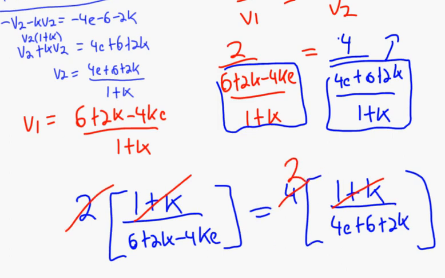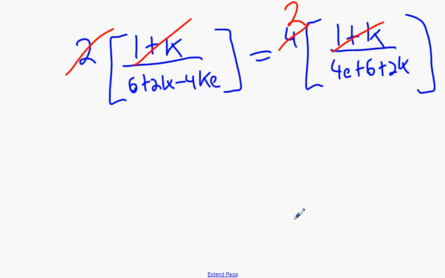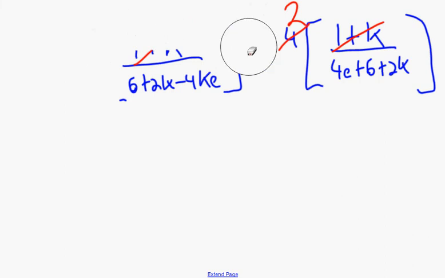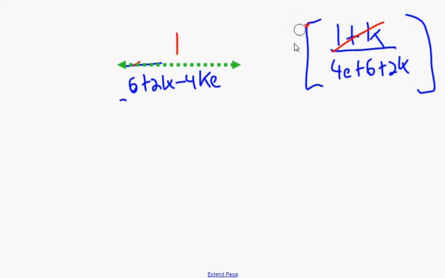Everybody cool with that? Now, here's what we're going to get. When we do that, it basically turns out to be this. It's this one here over 1 equals 2 times that one there. And that top turns into a 1 as well.